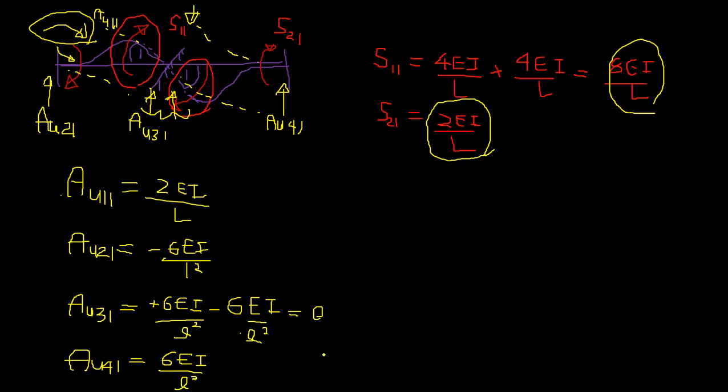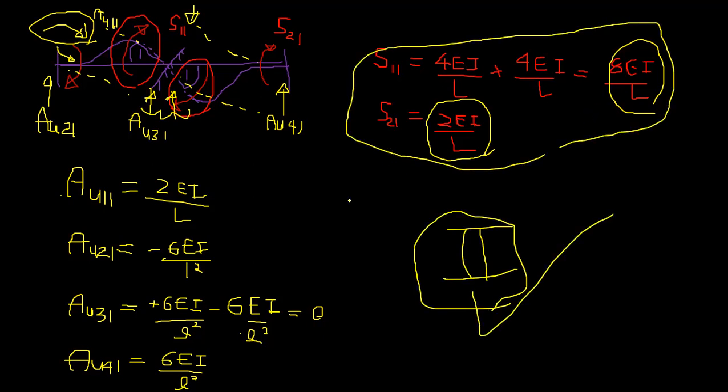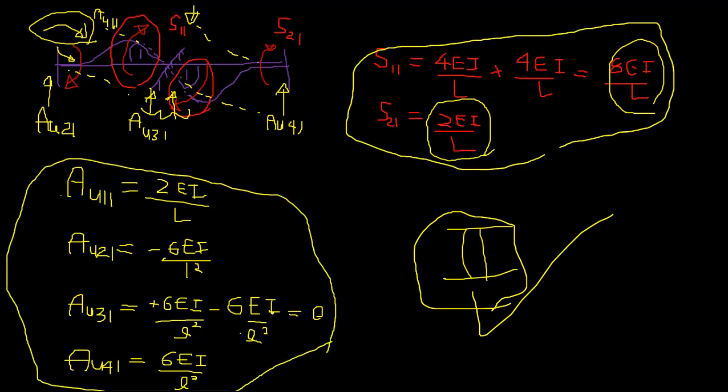So it's done, right? So the second step is done. So we find these for a unit displacement. So that means we should multiply them back by the original displacement at theta b. So that means we should multiply it by theta b.